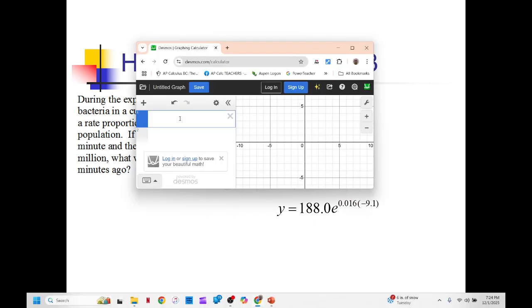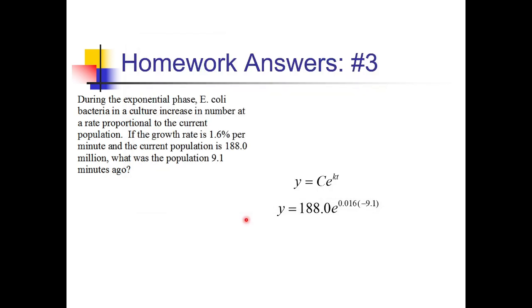So plugging all that in, we got 188.0. We don't really need the 0.0, but whatever. E exponent 0.016 and parentheses to multiply negative 9.1. Comes out to 162.527, and that's going to be in millions of bacteria.